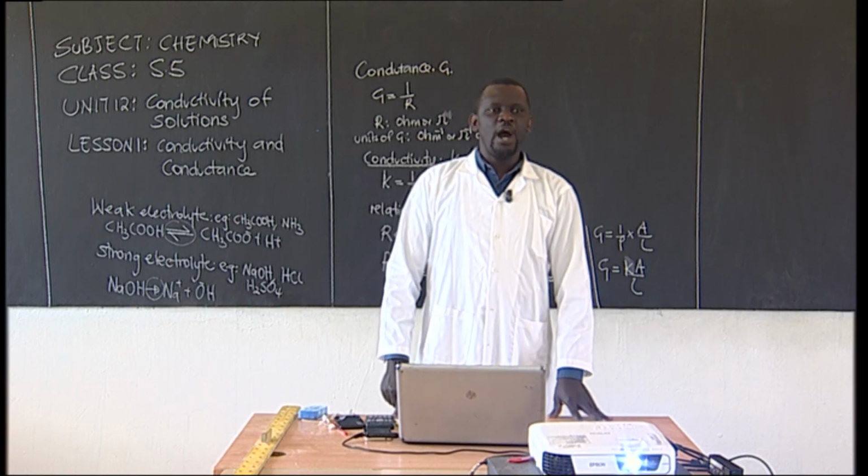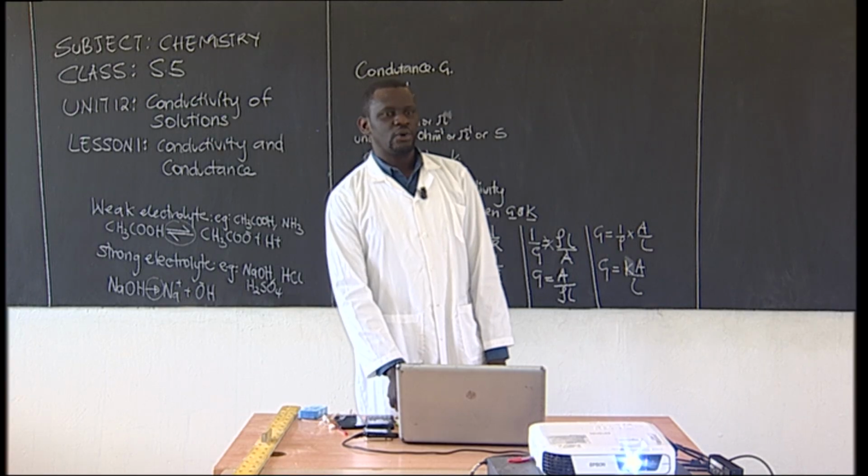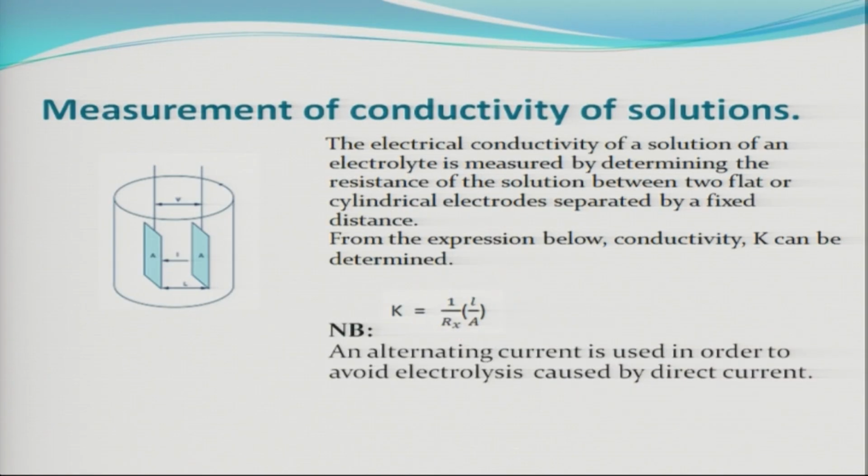So we are going to see how we can measure our conductivity. We can measure the conductivity of an electrolyte by placing the electrolyte inside our cell here, the conductivity cell. So we should know two things. One is the resistance.